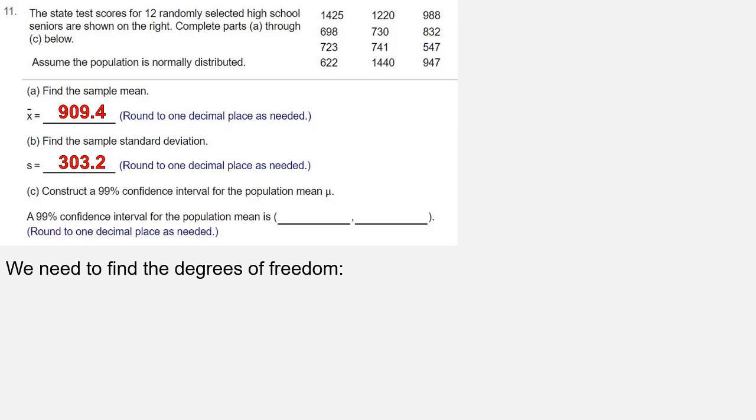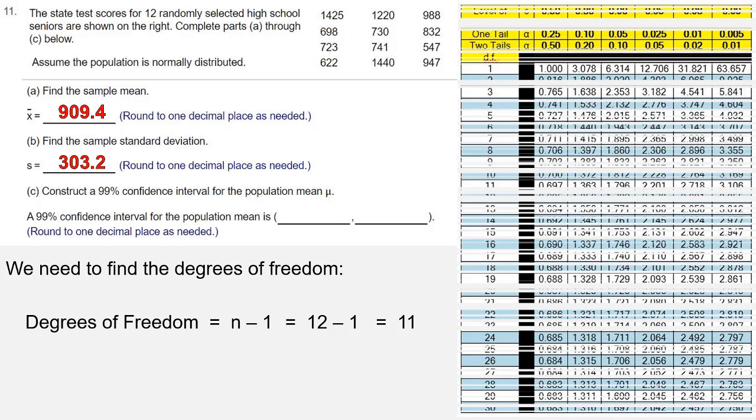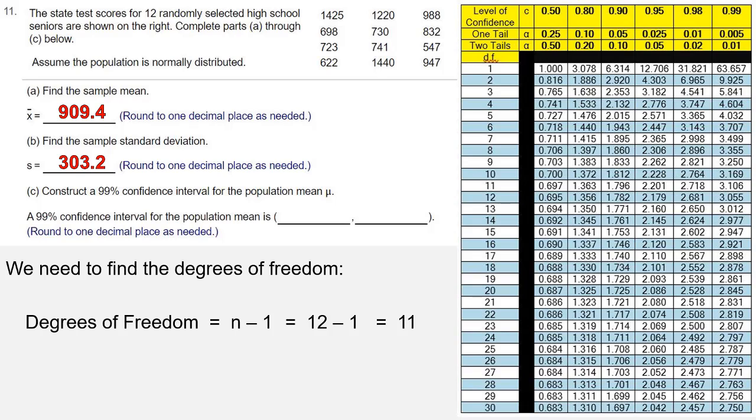Degrees of freedom are equal to n minus 1, which in this case n is 12, so that's 12 minus 1, which is 11. Once we have the degrees of freedom, we can go to our t-distribution table. We're looking for where the degrees of freedom 11 intersect with the confidence interval 99%. That would be at a value of 3.106, and that is your critical value, tc.